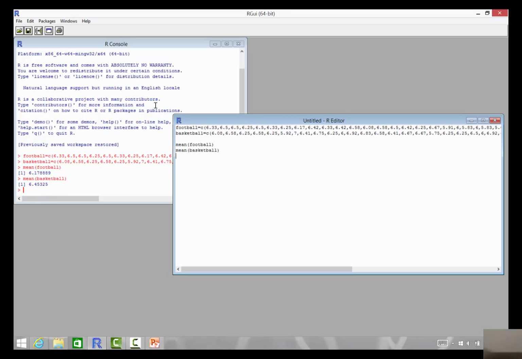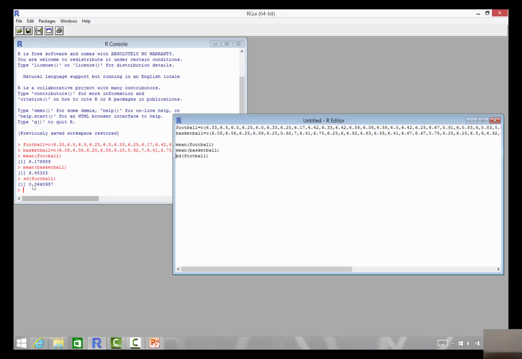Now the standard deviation of football players, this will give you the standard deviation of football players. And then you do the standard deviation of basketball players. This gives the standard deviation of basketball players.